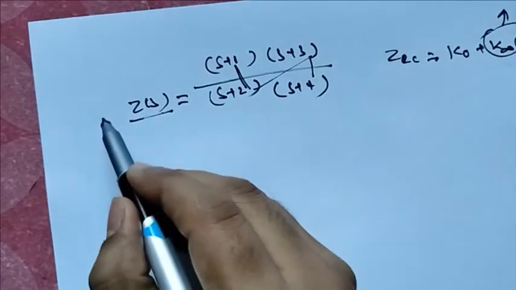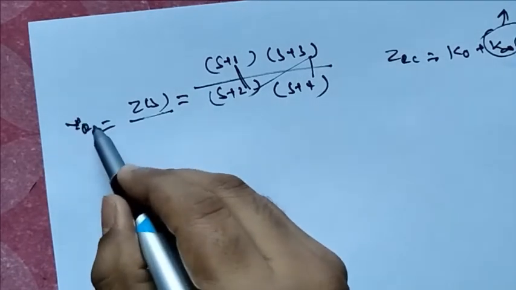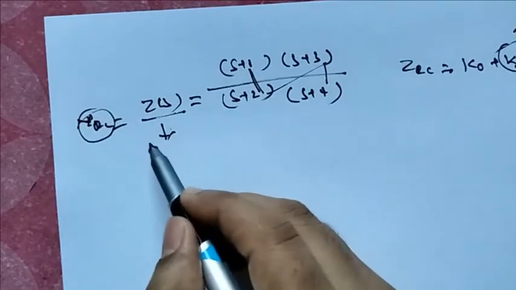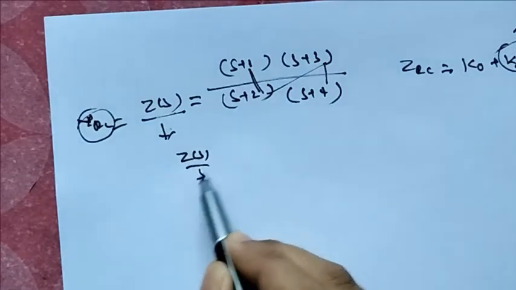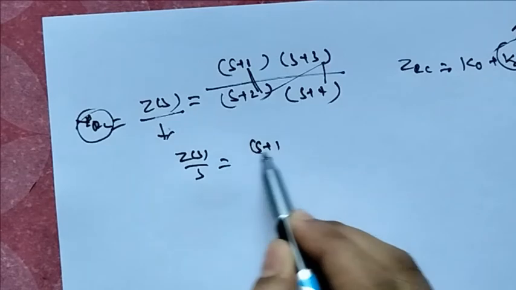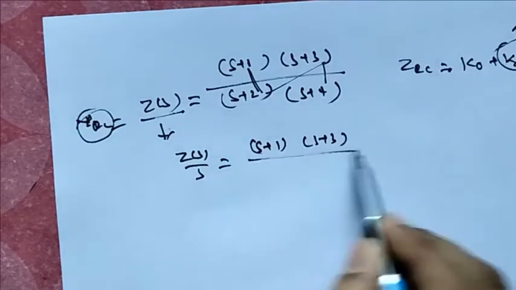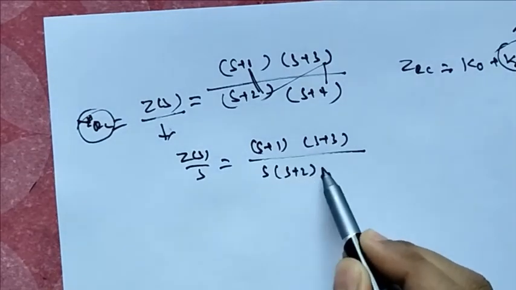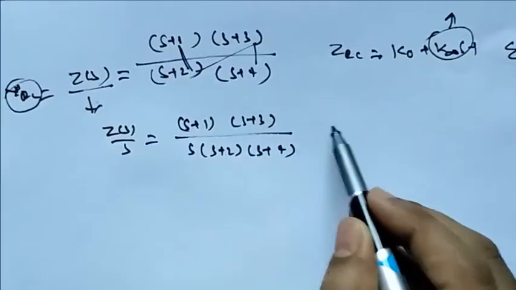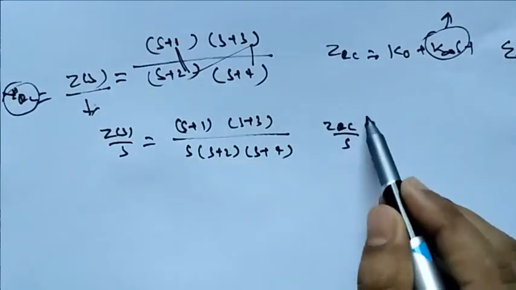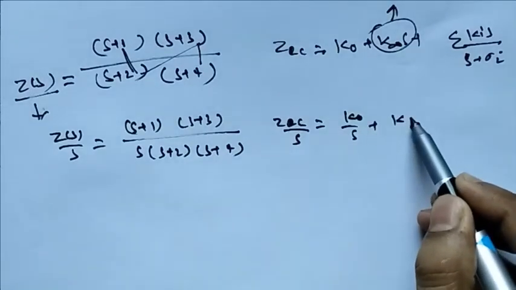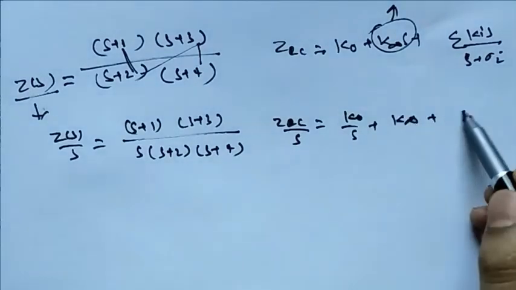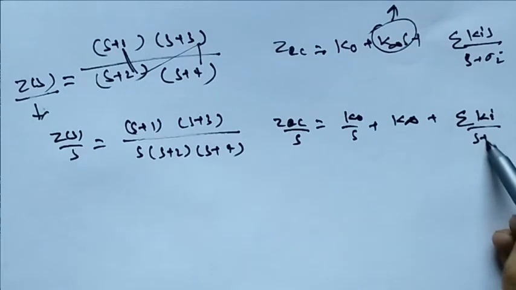Now we have seen that this resembles a YRC function. For making Foster form 1, we need to divide by S, so our equation will be S plus 1, S plus 3, by S into S plus 2, S plus 4, and compared with the ZRC by S, this will be K naught by S plus K infinity plus the summation of Ki by S plus sigma i.